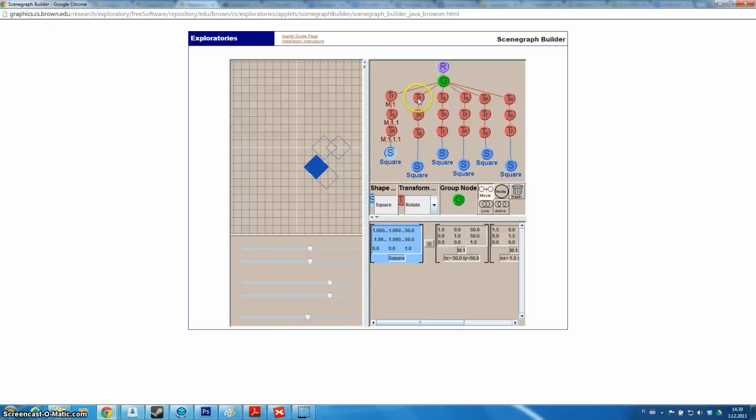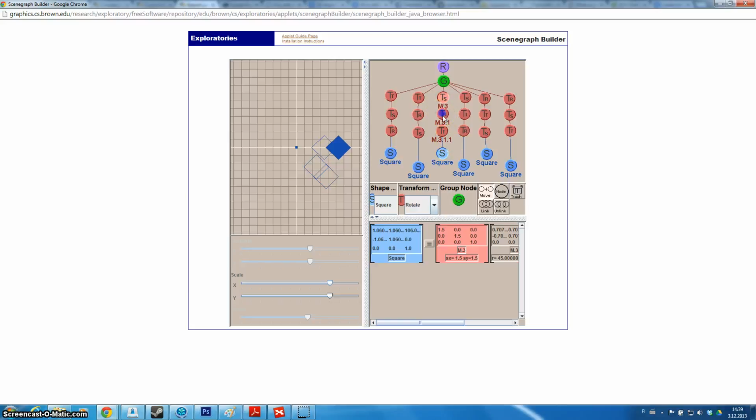And then that square is at the same location, and as we see the matrix has not changed a bit when rotate and scale change.